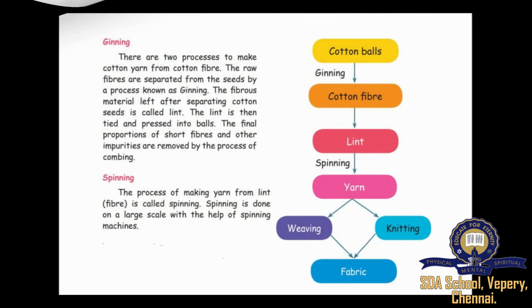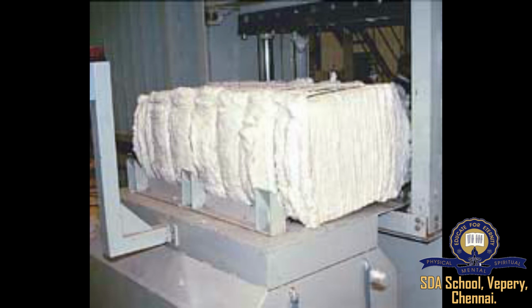Next, we will learn about ginning. How many processes are there to make cotton yarn from cotton fibers? There are 2 processes to make cotton yarn from cotton fiber. What is ginning? The raw fibers are separated from the seeds by a process known as ginning.